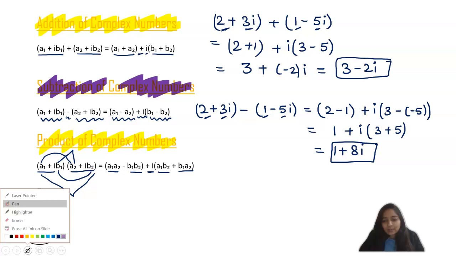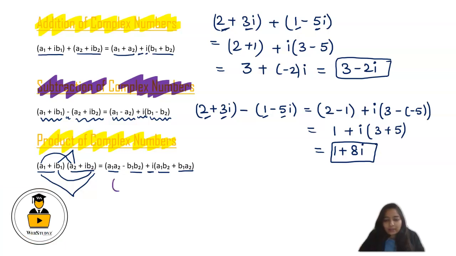So taking an example, if we find the product of 2 plus 3 iota with 1 minus 5 iota, this is equal to, we will multiply the real part 2 with the real part 1. Here we have 2 multiply 1, that is 2. Then minus 3 multiply minus 5, that is minus 15. Then we have plus iota.